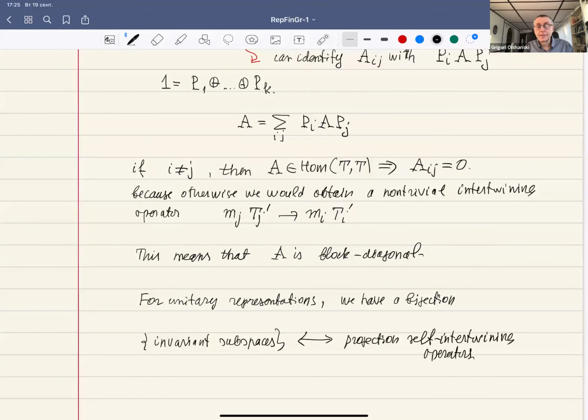That is, self-intertwining operators which are also projection operators.